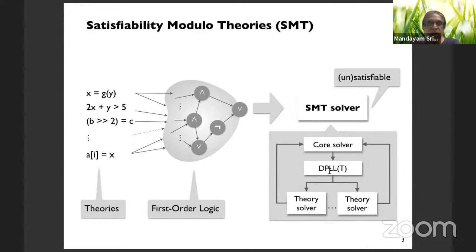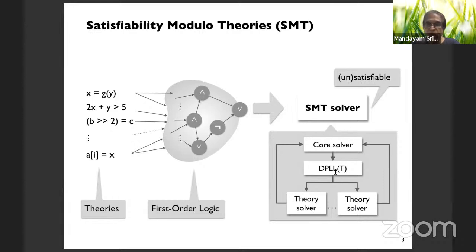Okay, so today I will describe the extension of DPLL to DPLL-T, which is a decision procedure for deciding arbitrary propositional combinations of atomic formulas drawn from a mixed union of theories.